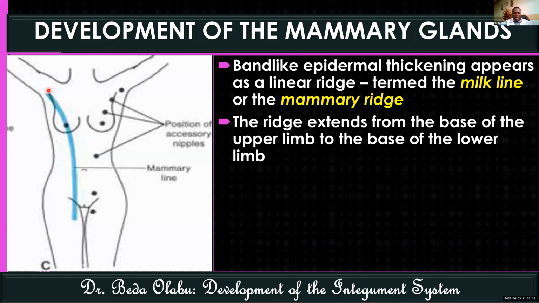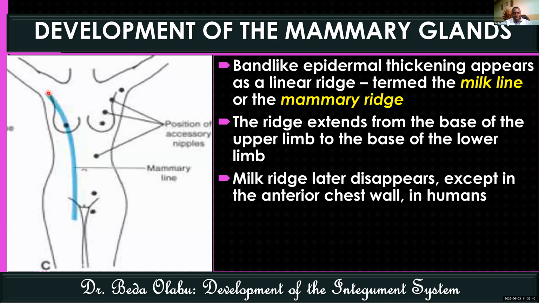That band-like thickening is known as the milk line, or you can call it milk ridge, or mammary line, or mammary ridge. It goes with all those names. So it's a band-like thickening. Remember, a thickening of the epidermis.